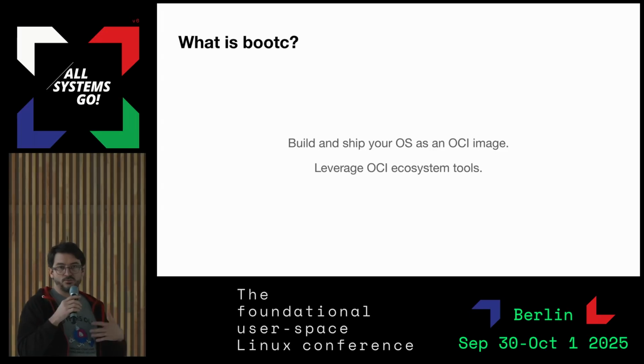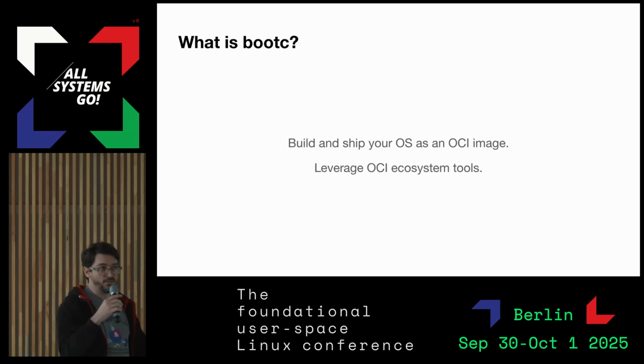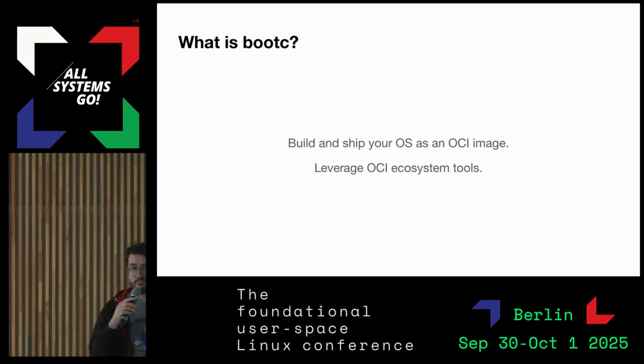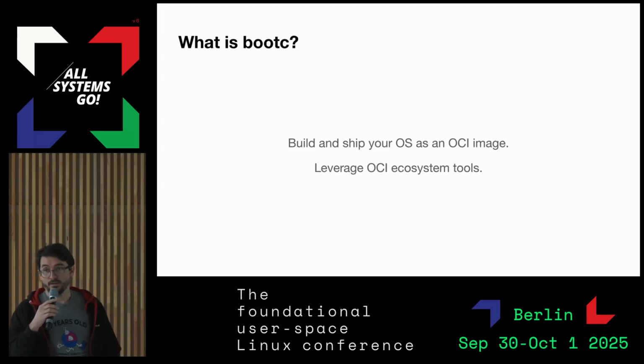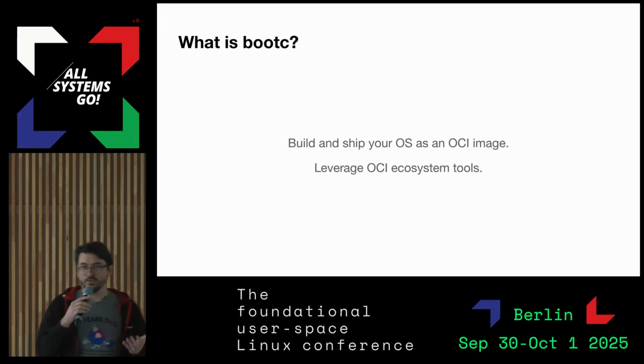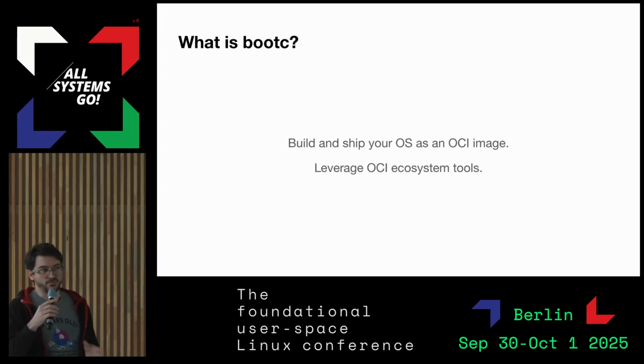So it includes the general files of the system, and then the kernel modules, the kernel itself, the initRD, the bootloader, shim, all of those bits. You want to have everything inside of a single container image that you can consider as a unit, that you can ship, sign, etc. And that's the main point: you can leverage the whole OCI ecosystem that exists.